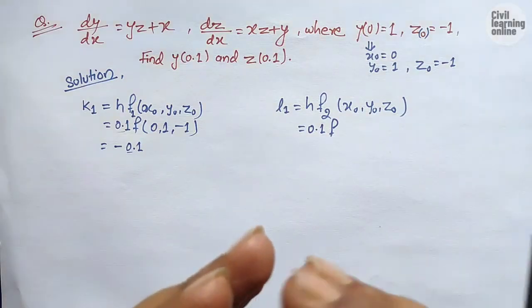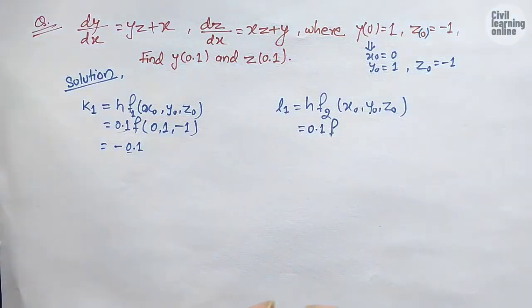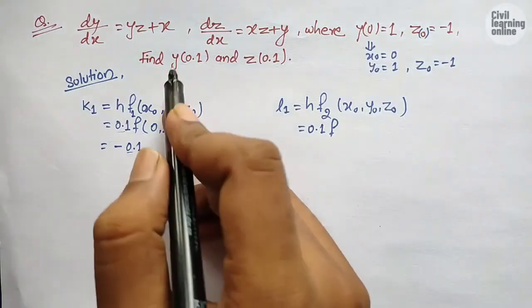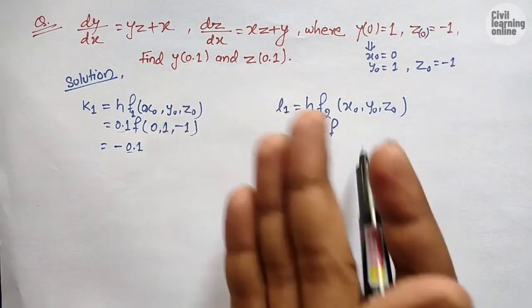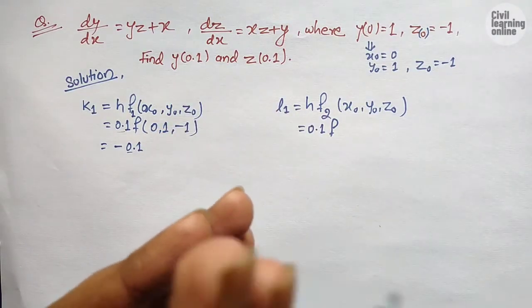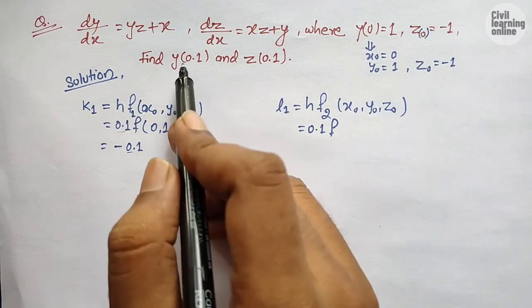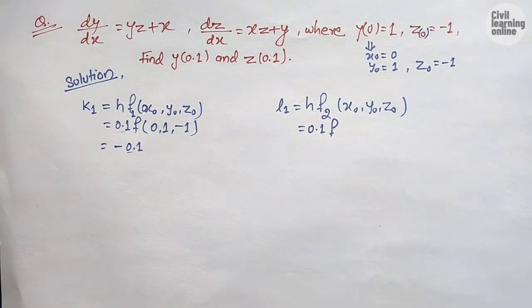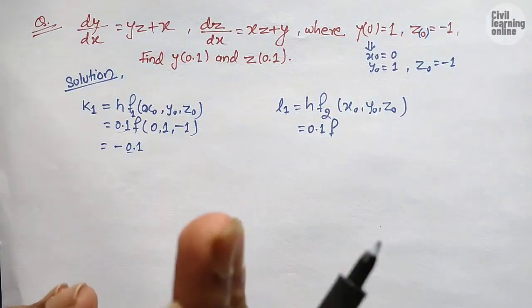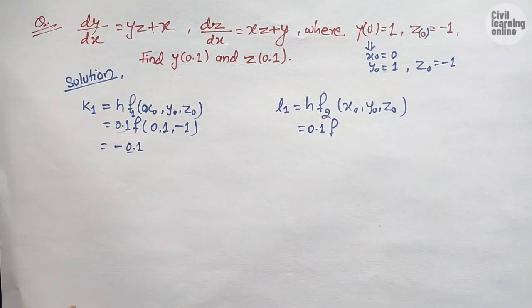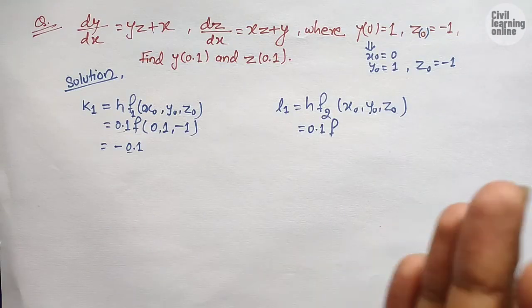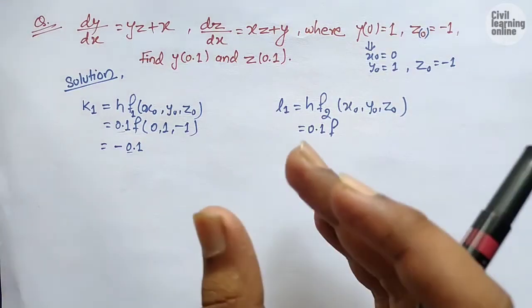And at that time, when we calculate for y2, this 0.1 is added with 0.1 again, and it gets 0.2, and after that we will be able to find the value of y at 0.2. If you have watched my solution on the Runge-Kutta method for the fourth order, you will clearly understand what I am trying to say here.